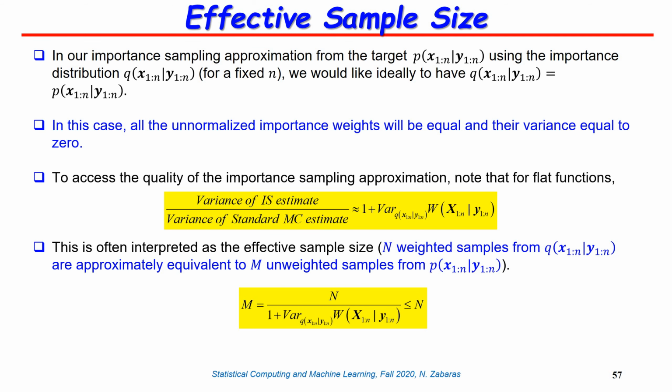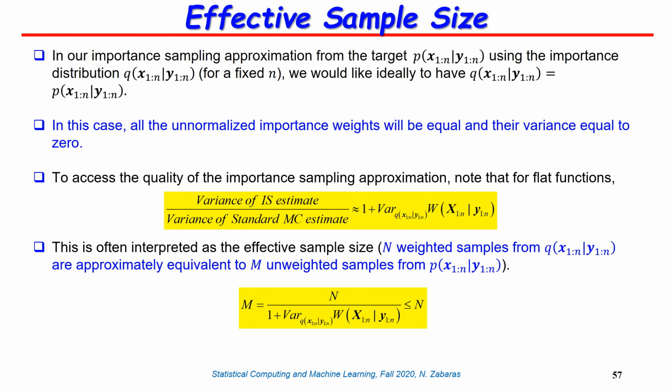So we take n weighted samples when we do importance sampling, and these weighted samples come from the distribution Q. But based on this relation between the variances, the number of effective unweighted samples, as if we were doing standard Monte Carlo, is n divided by 1 plus the variance of capital W. And this, of course, is less than or equal to n.